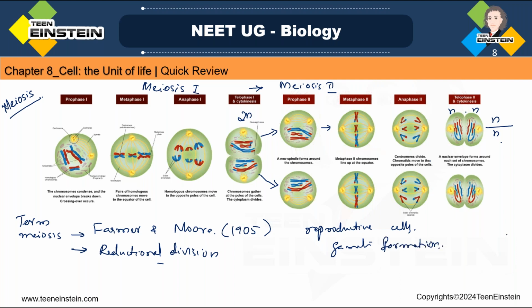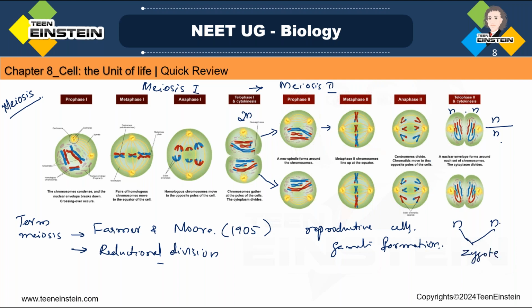See, in the male gamete and female gamete, after meiosis, when the chromosomes are forming, the chromosome number will be half, right? So in the male gamete there are n chromosomes and in the female gamete n chromosomes. Both join together and form the zygote, right?